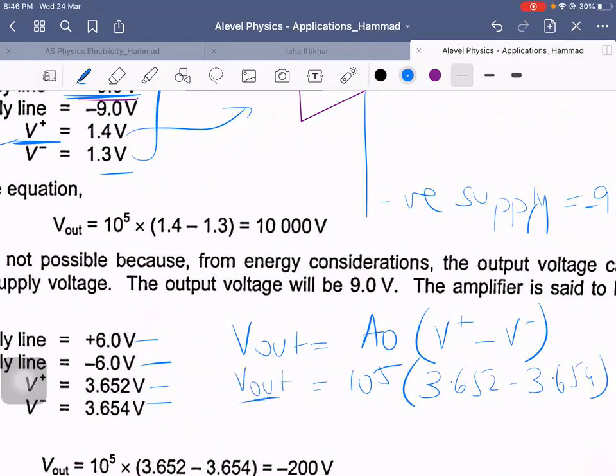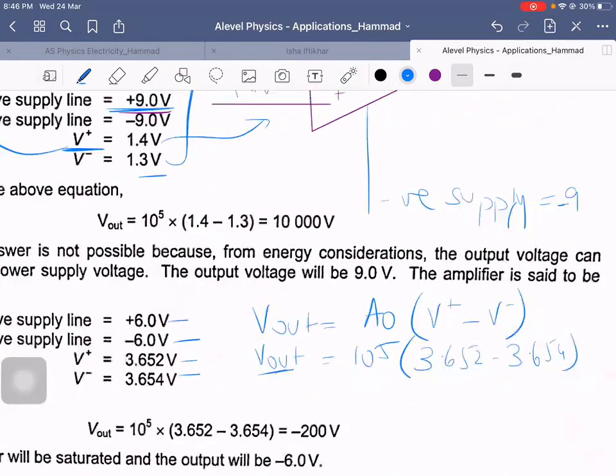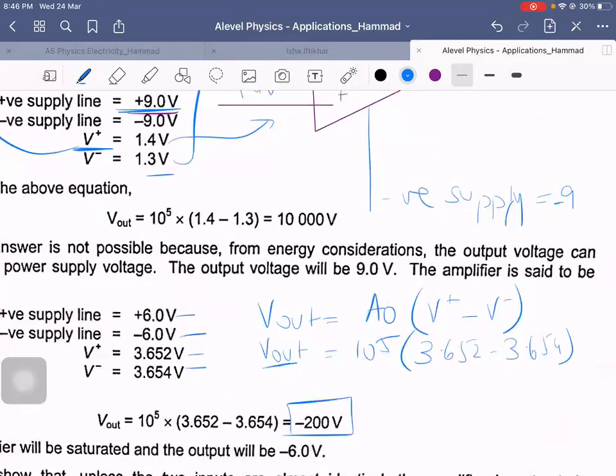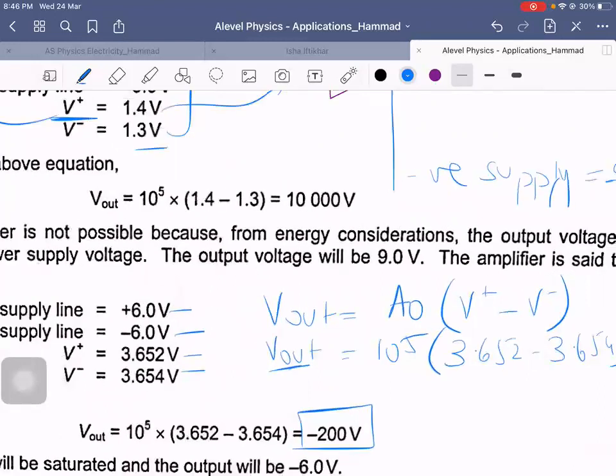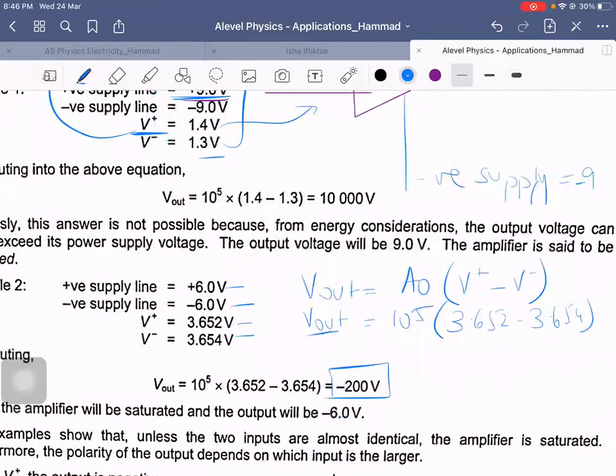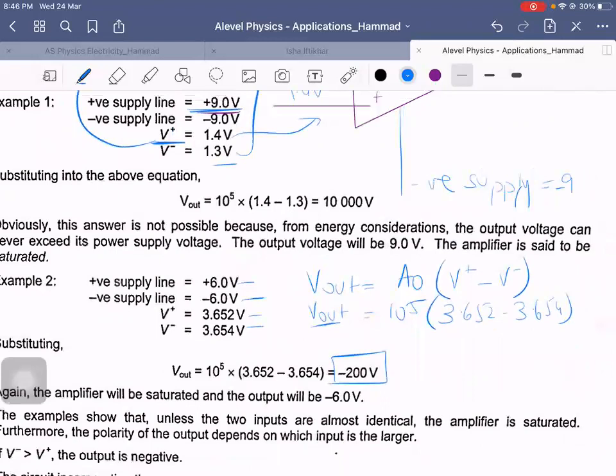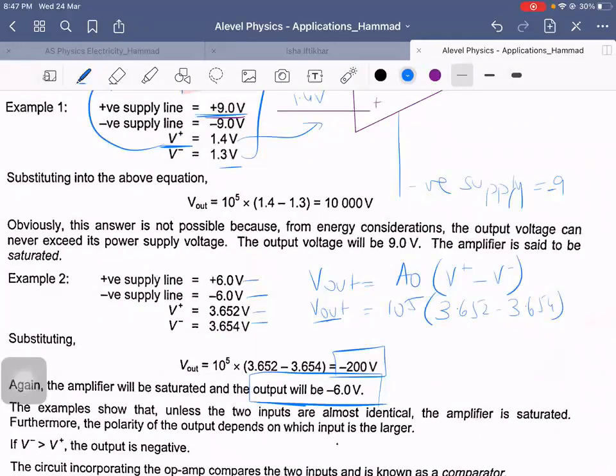If you check, your answer is coming around to be minus 200 volts, which is still practically not possible because my limit to the amplifier is positive 6 volts or negative 6 volts. It is exceeding that limit. So the amplifier is said to be saturated at minus 6 volts.